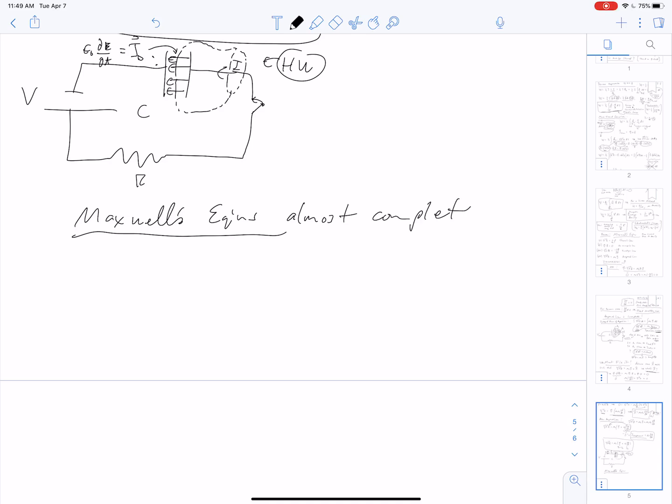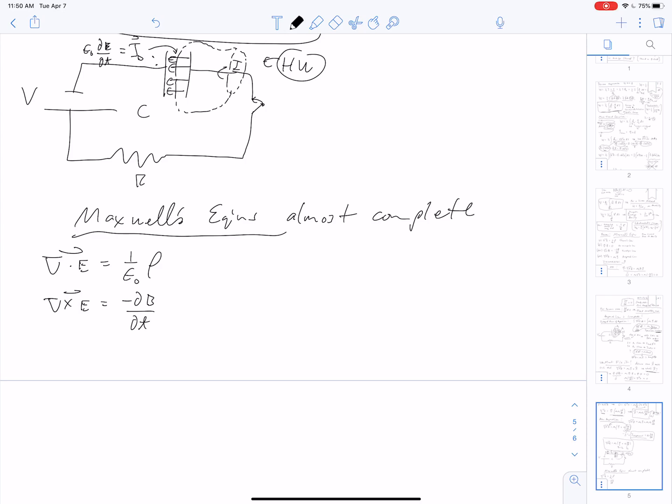And so what's the situation as we have now is that we see that we have del dot E is equal to 1 over epsilon naught rho, and we have the del cross E is equal to negative dB dt.